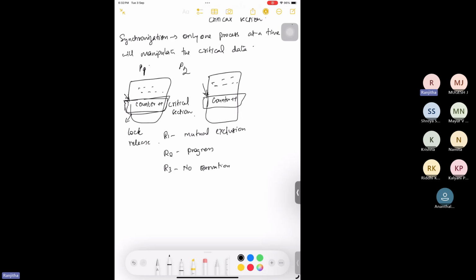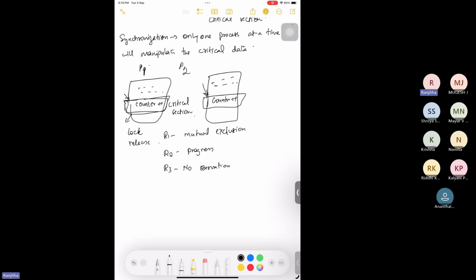In simple terms, anybody who has requested to enter a critical section should be able to enter in the next few clock cycles, or the next couple of seconds, or the next time frame. It should not be in a starving mode or waiting forever.